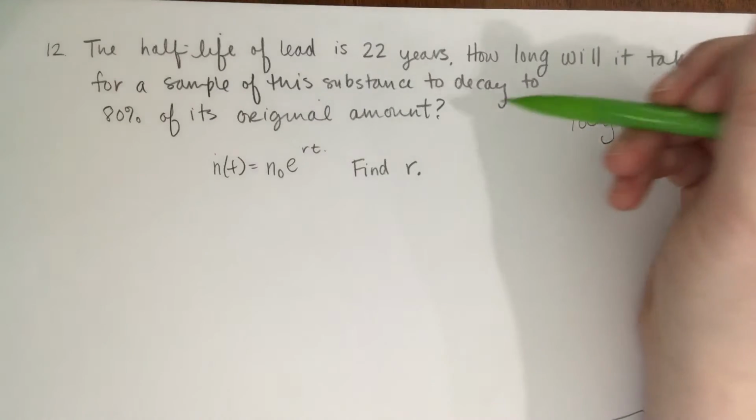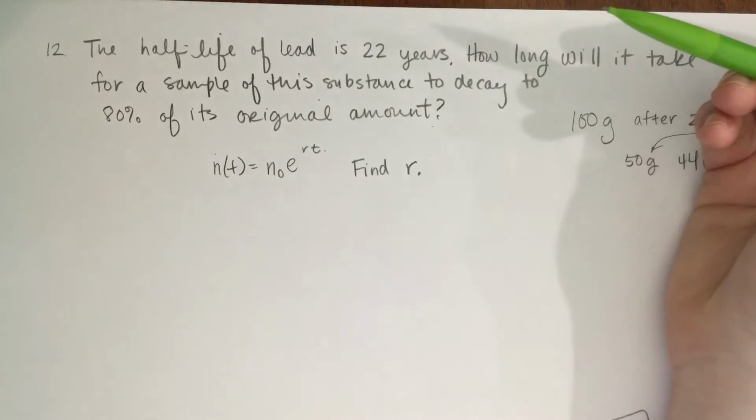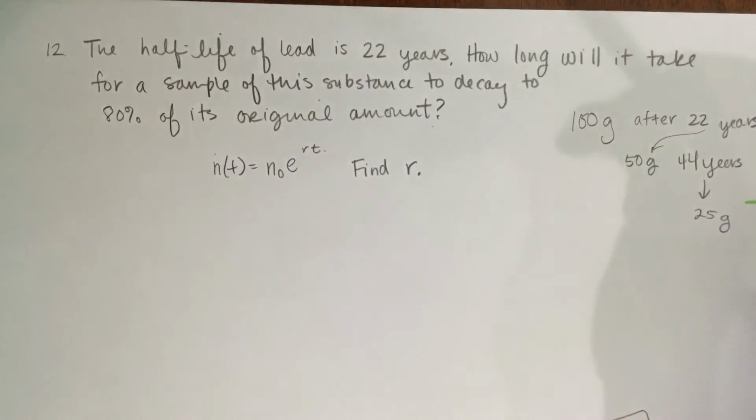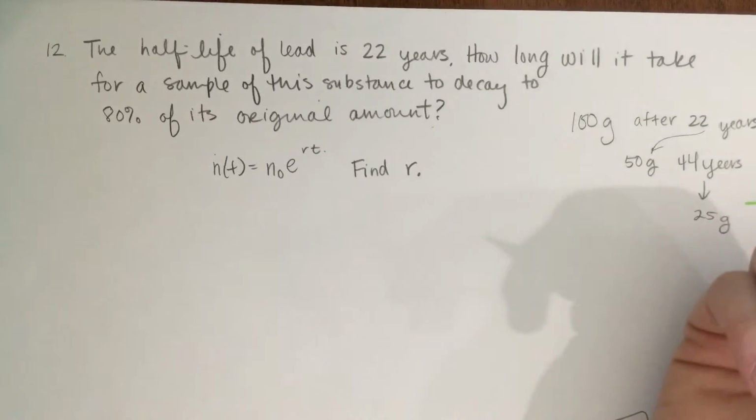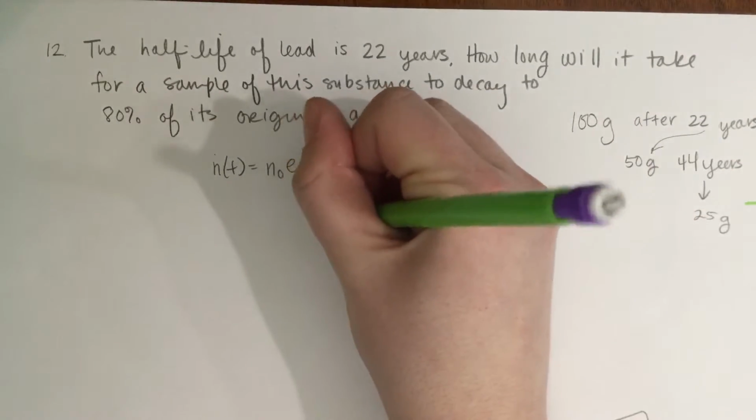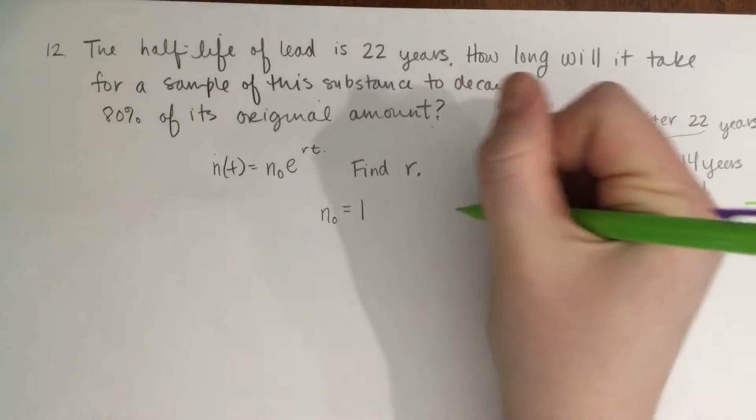So in order for us to find our decay rate, we have to set up our function. Now, one thing that's missing from this function is the original amount. But the truth is, it doesn't matter what the original amount was. Now, if you are not given an original amount, the easiest thing for you guys to do is to say, hey, N₀ then is going to equal 1.